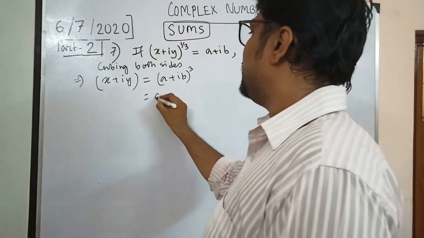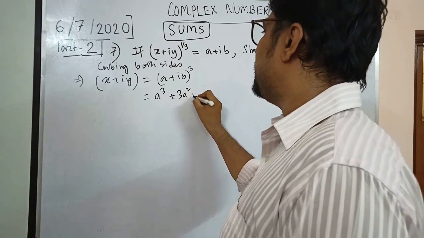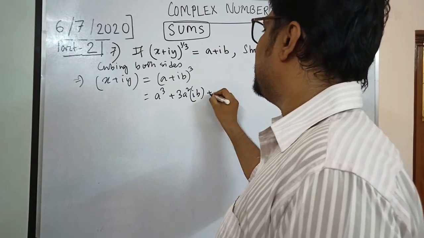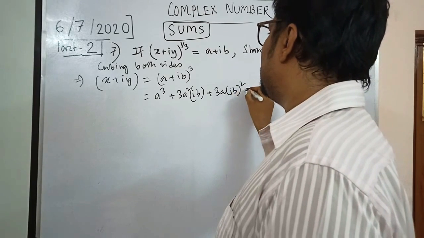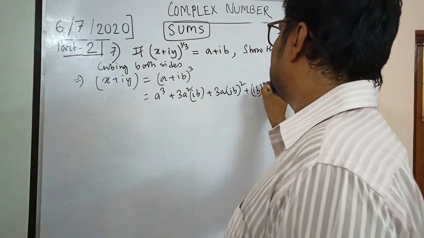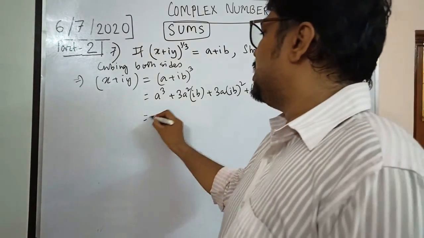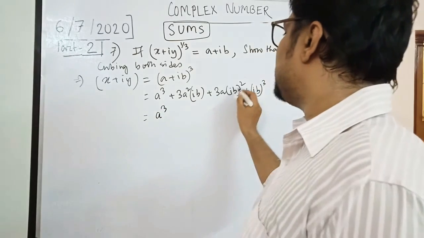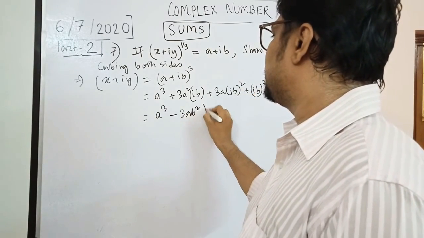So a plus ib whole cube, let us try to write that. a cube, then 3a square b i, then 3a b square i square, then ib whole cube. Here I connect a cube, then this is i square, so this becomes minus, so minus 3ab square.